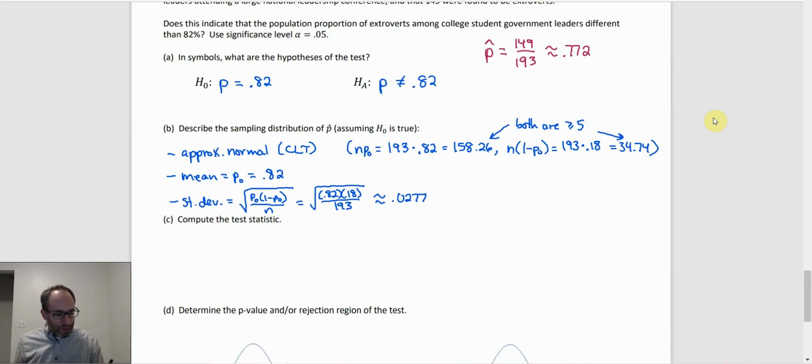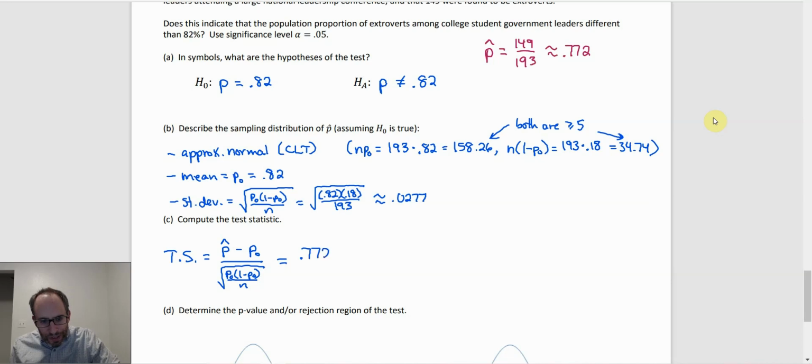Then with the test statistic, if we want to go ahead and compute that, the test statistic will be p hat minus p, or minus p0, use the notation the book uses, over the square root of p0 times 1 minus p0 over n. And there are a couple of things rounded here because p hat's rounded and so is the root, but we should get something pretty close to what we had a couple pages ago.